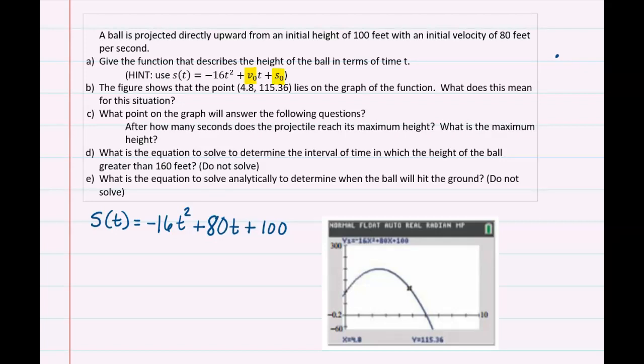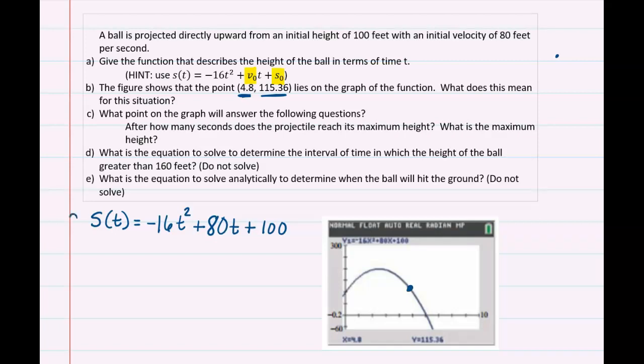Now part B says the figure shows that the point (4.8 seconds, 115.36 feet) lies on the graph of the function. So that's this point right here. And it says, what does this mean for this situation?